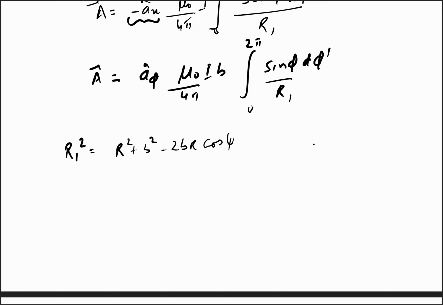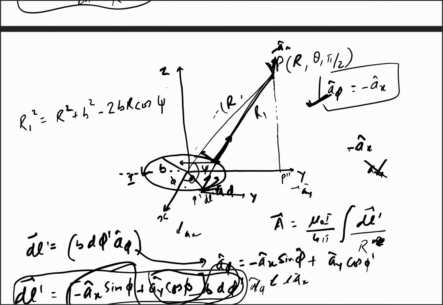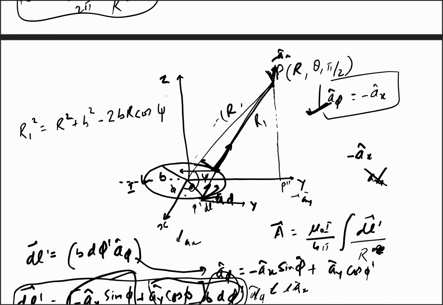Now you will find that r cos psi is the projection of R on this radius OP dash. Now this projection on OP dash is same as that of this projection OP double dash on OP dash.